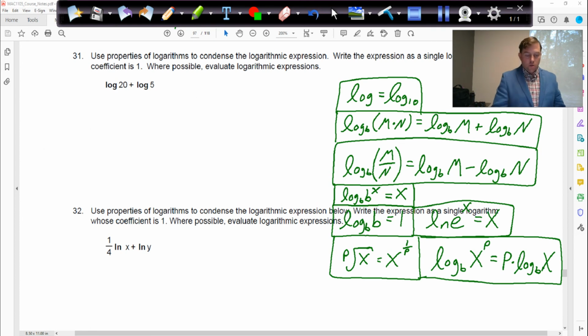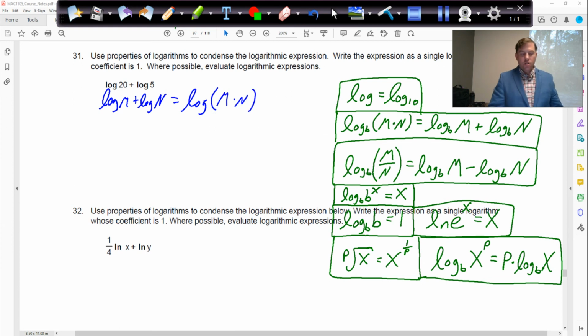Okay, so we're going to use the reverse of log m plus log n equals log of m times n. 2 logs added is the same as 1 log, where you multiply those two things. So log 20 plus log 5 would just be log of 20 times 5, but that is log of 100.